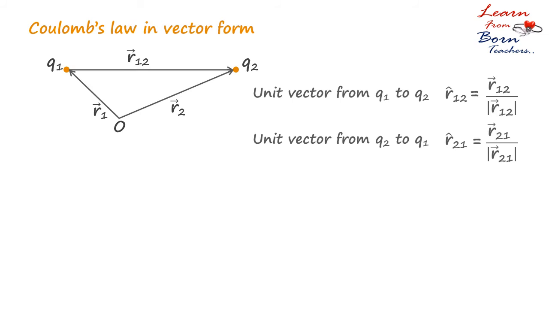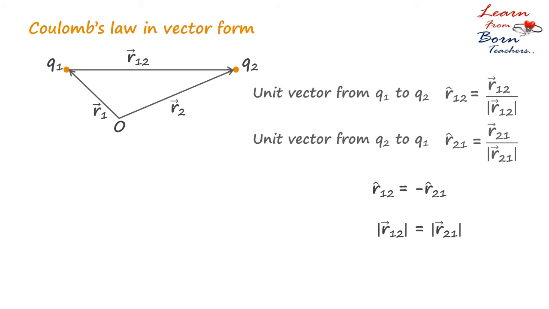The direction of these two vectors r12 and r21 will be opposite. It is represented by the unit vectors, that is r12 cap is equal to minus r21 cap. And magnitudes of these two vectors r12 and r21 will be the same because this is actually the distance between the charges.